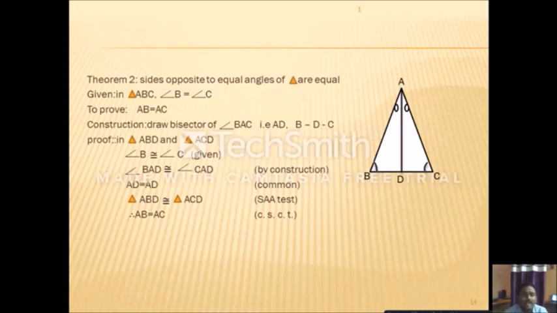Now here angle B and angle C are congruent to each other because given, angle BAD and angle CAD are also congruent by construction because AD is the angle bisector, and AD is congruent to AD because common side, and therefore by the AAS test triangle ABD is congruent to triangle ACD, and by the property of corresponding sides of congruent triangles, side AB is congruent to side AC.